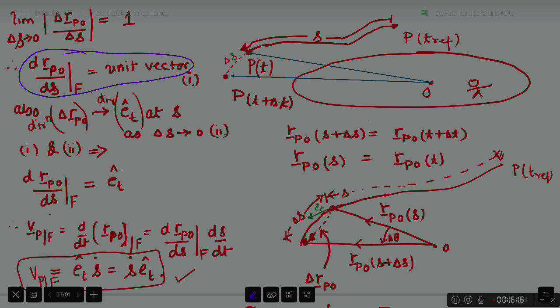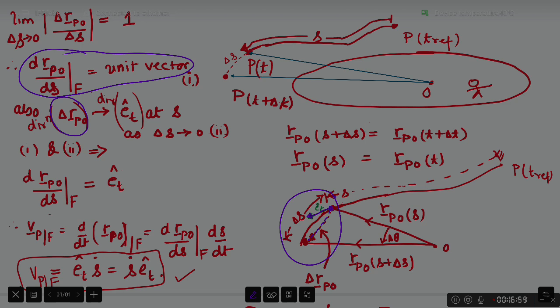Further, I want to present one more argument, and that argument is related to the direction of the delta RPO vector. Looking at this figure, I present the argument that as delta S goes to 0, the direction of the delta RPO vector will become more and more like the direction of the local tangent at this location.